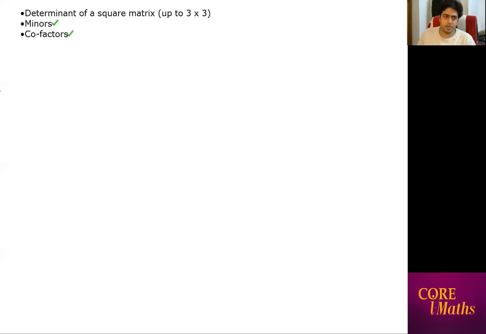Let's take one example. It will be much easier for us if we know what minor and cofactor are, and then we can easily understand how to find the determinant of 3x3 order, because to find the 3x3 determinant you must have the idea of minors and cofactors.